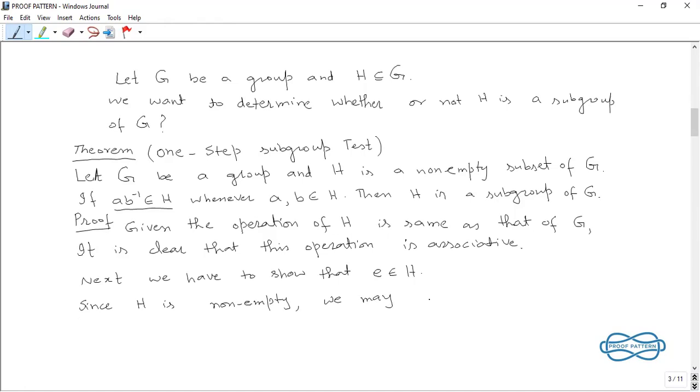We may pick some element X that belongs to H. If we take A equal to X and B also equal to X, then according to this condition, A B inverse, which is actually equal to X X inverse, because A is X and B is also X, and X X inverse is identity, belongs to H. So the identity element belongs to H.